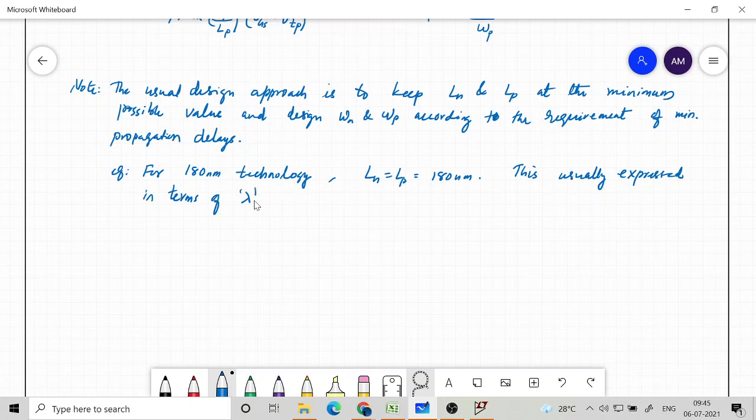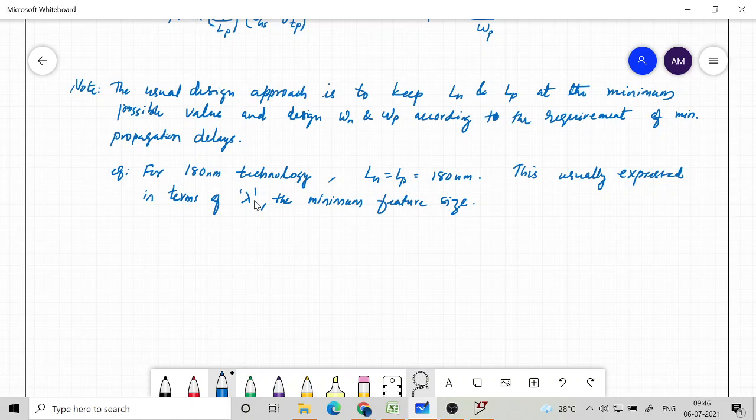lambda. What is lambda? The minimum feature size. Okay, for 180 nanometer or any technology node, lambda is basically half of the minimum channel length.